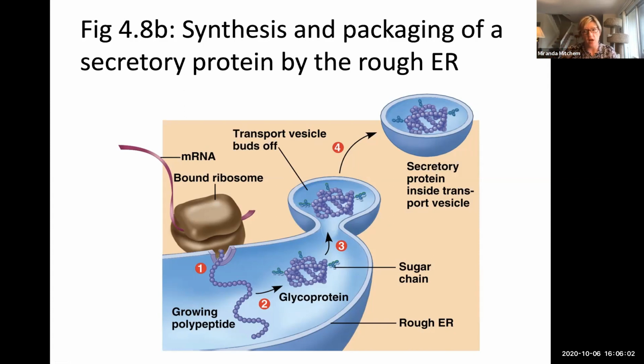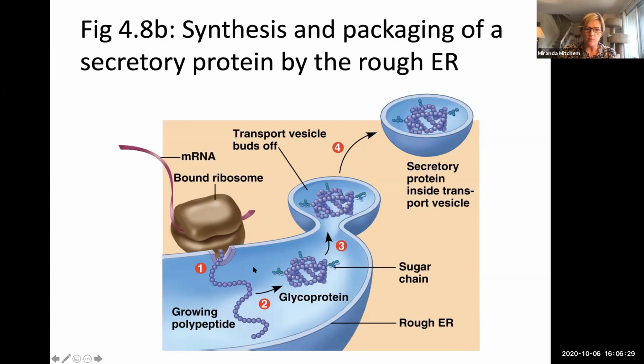It pinches off surrounding this protein, which now is going to go out to the cellular membrane where it can be secreted outside of the cell. So the ER loses some membrane every time a vesicle is formed, because the vesicle is surrounded with that pinched off membrane.